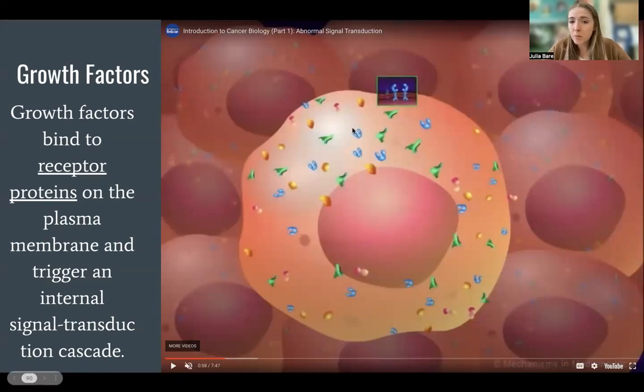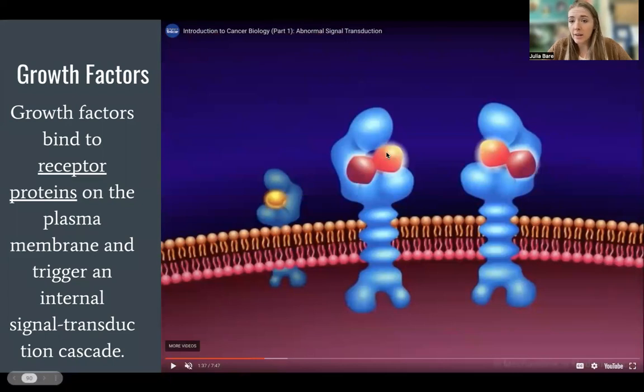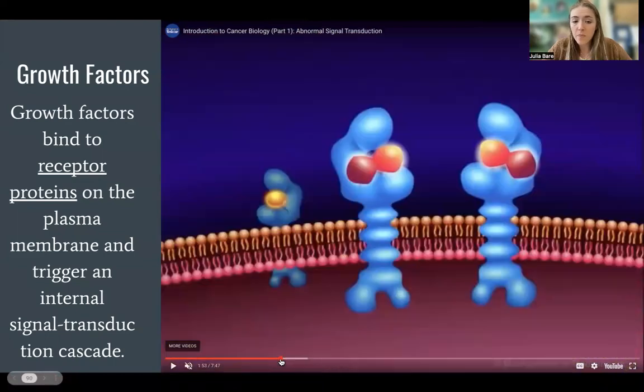We have receptor proteins, we have signaling proteins that are going to show up, but this is what happens normally, right? So this is your signal receptor. And then as the signal, the ligand, binds to the receptor, this is going to cause that receptor to change shape and initiate a signal transduction pathway.